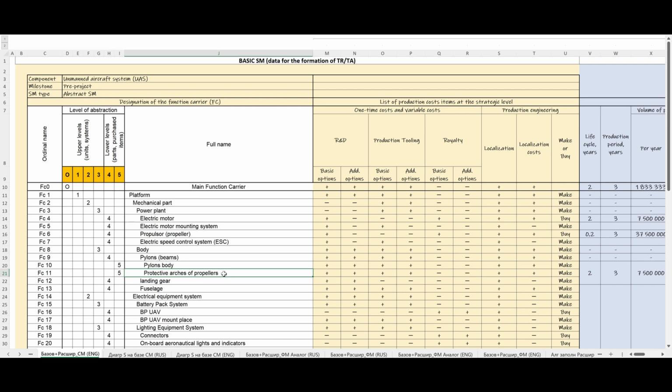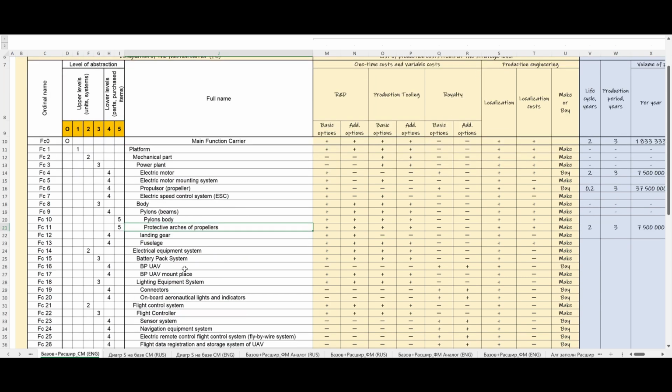At the same time, the subsequent unification of the obtained data and analytical reports into a common structural and functional model is impossible, since during the calculation the significance and relevance of the upper-level elements, pylon body, protective arcs, landing gear, etc. was assumed to be equal to 1, i.e. each of these elements was considered as a conditional separate product.